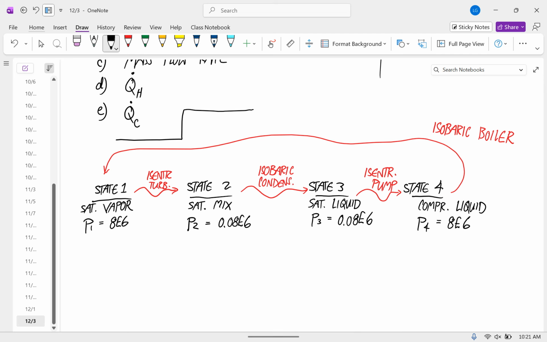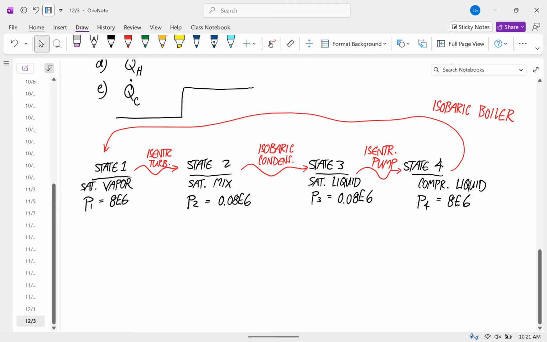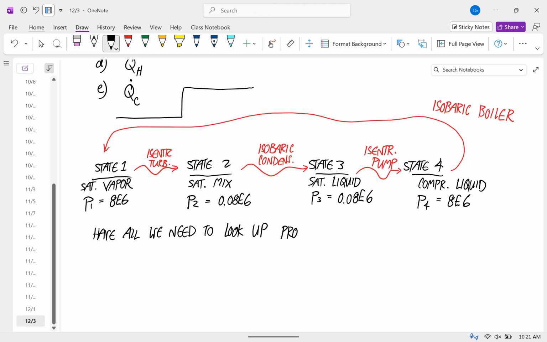Exactly. Let me write this down. We have all we need to look up properties at states 1 and 3.